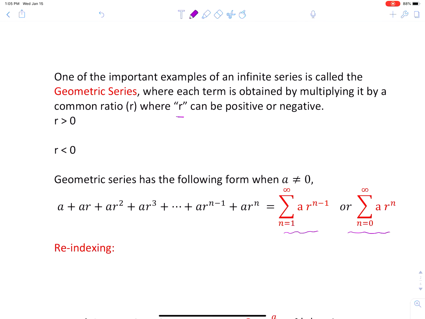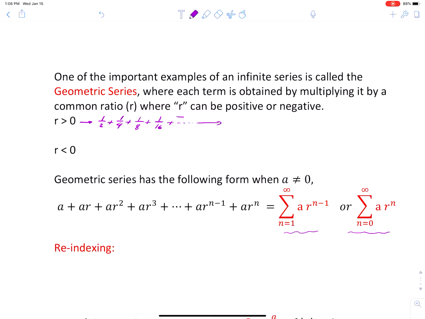And r, that ratio that you keep multiplying every term by to get the next term, could be positive and could also be negative. One example that's positive is something like we just did. So r being positive means like 1/2, 1/4, plus 1/8, plus 1/16, and so on.